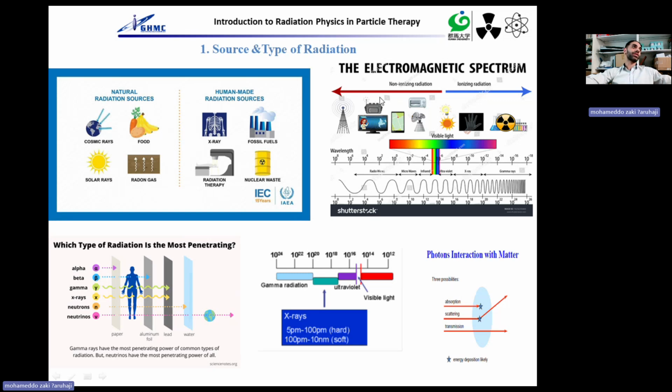We are interested in ionizing radiation. And all radiation has types. We all know this, I believe: alpha, beta, gamma ray, neutrino, and the different penetrating capability for each type. It's because of the mass and charge of each particle.